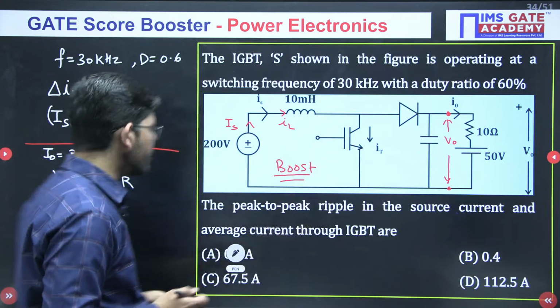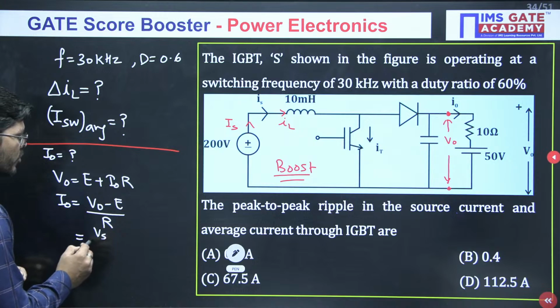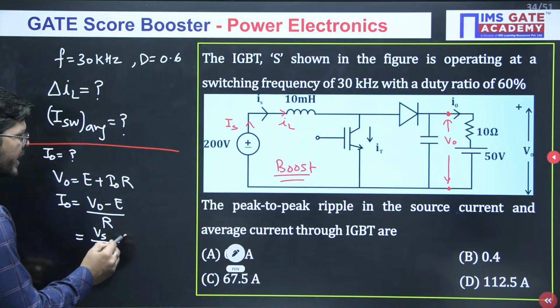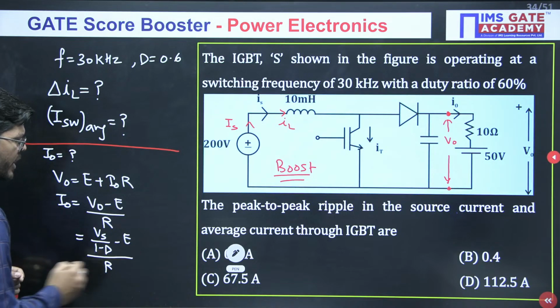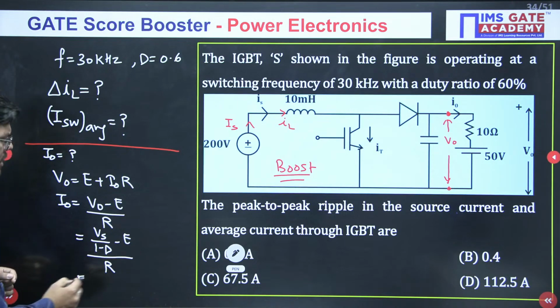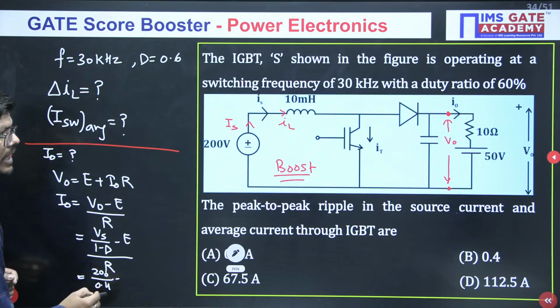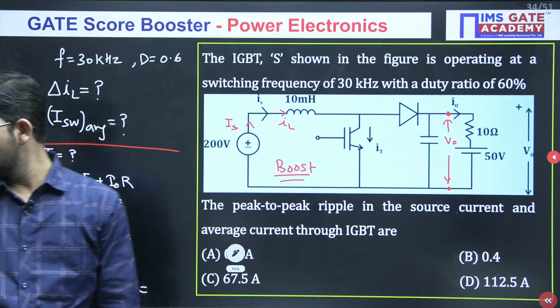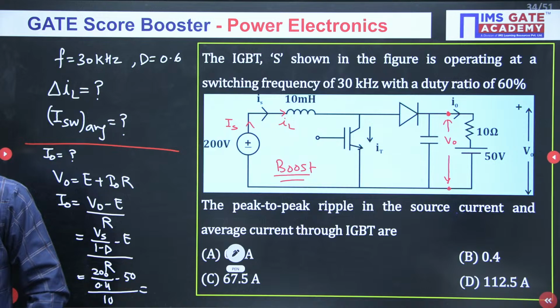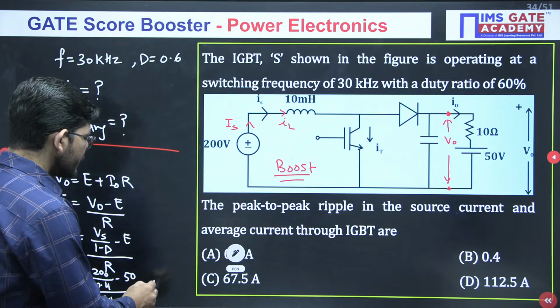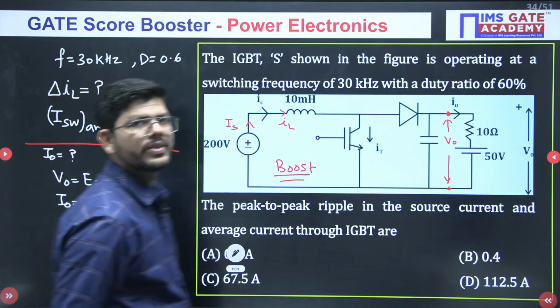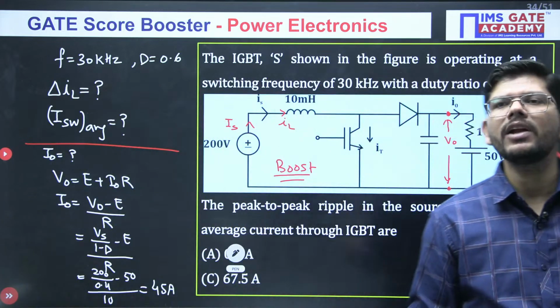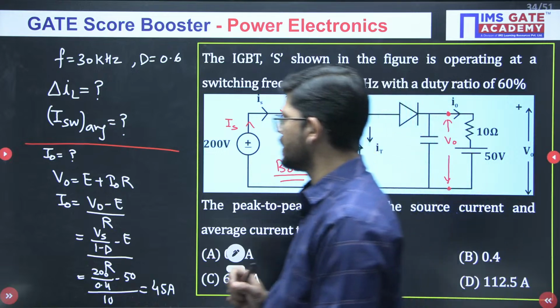This is the boost converter, so V naught you may get from Vs over 1 minus D, minus E, over R. Okay, now put the values. What is Vs? 200, upon 1 minus D, which is 0.4, minus E, which is 50, divided by R, which is how much? 10 ohm. So what will be I naught here? It will be 45 amperes. Okay, just see. By applying KVL at the load side, I will get this current.